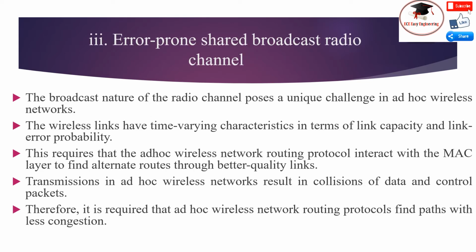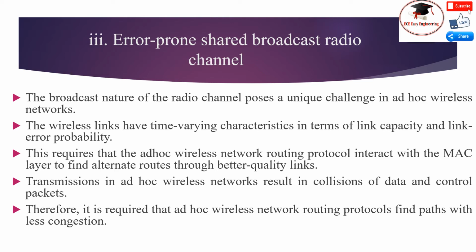The third is the error-prone shared broadcast radio channel. The broadcast nature of the radio channel poses a unique challenge in ad hoc wireless network. The wireless links have time-varying characteristics in terms of link capacity and link error probability.